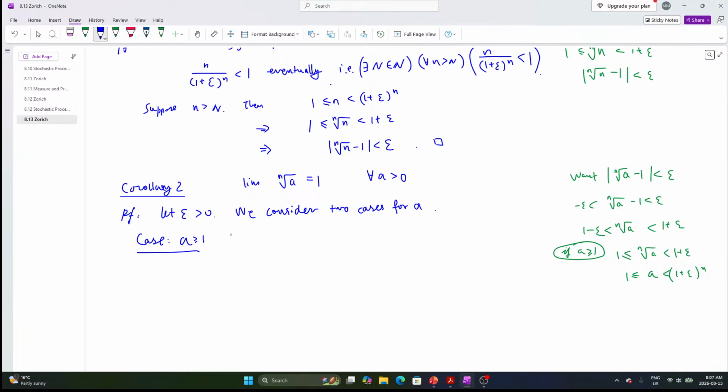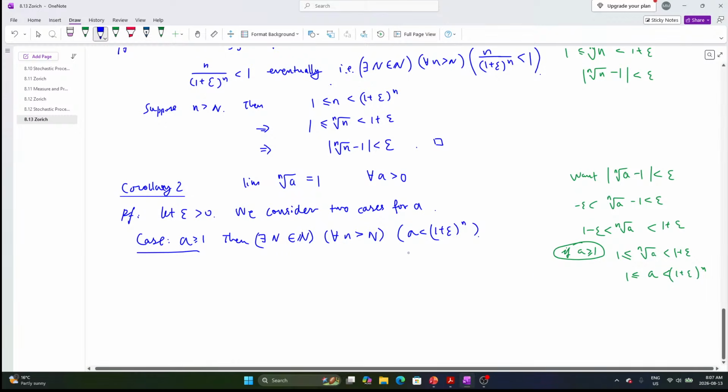So then there exists big N such that for all n greater than big N, a is less than 1 plus epsilon to the n. And this is by the lemma.